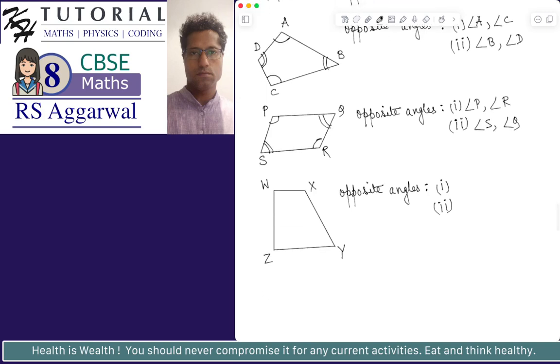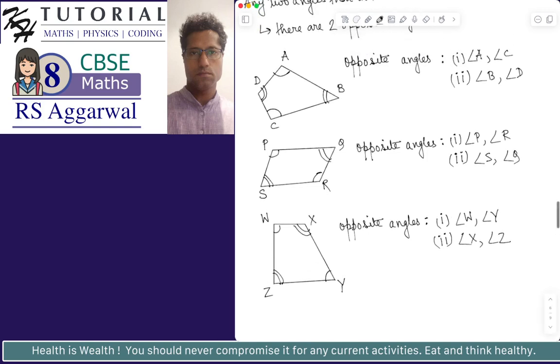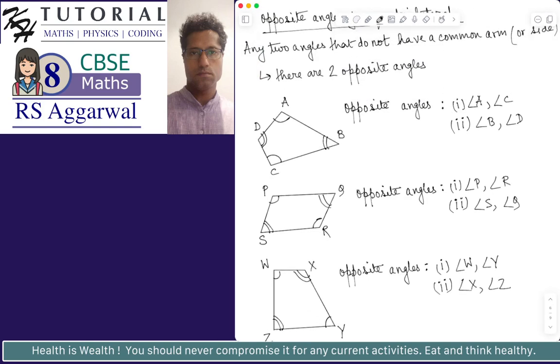For the quadrilateral WXYZ, W and Y is a pair of opposite angles, and X and Z is another pair of opposite angles. So this was a pair of opposite angles in a quadrilateral. A quadrilateral has 2 pairs of opposite angles.